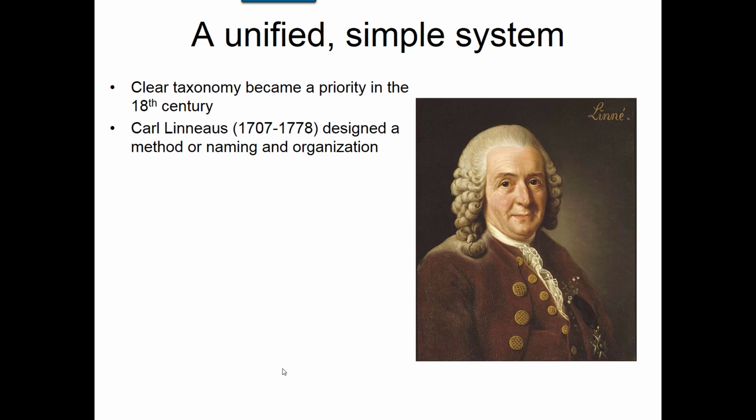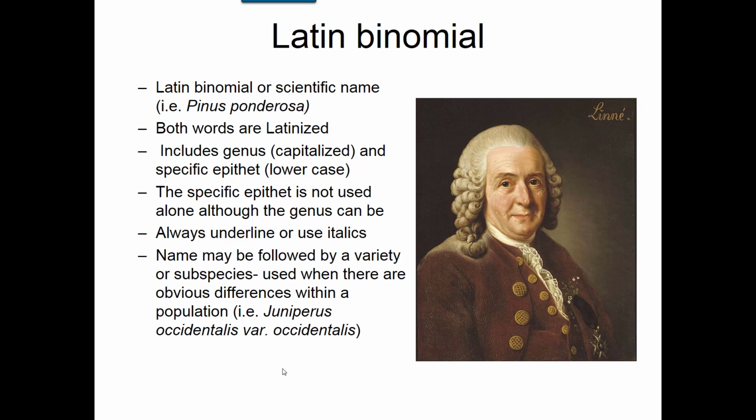But then they couldn't talk about the species if they didn't have a consistent way of naming them. So Carl Linnaeus, kind of the father of taxonomy, is the one who set us on our current trajectory of using these simple names, and he also came up with a method of organization that we'll talk about in just a minute.